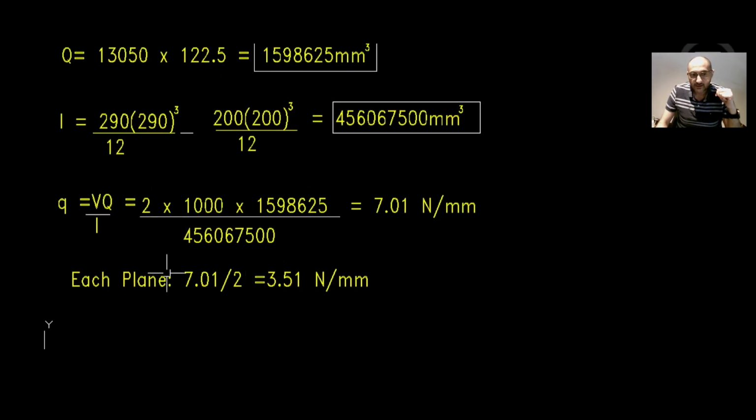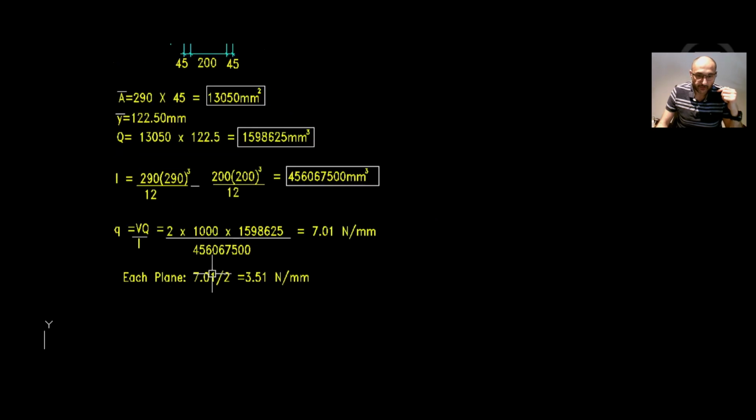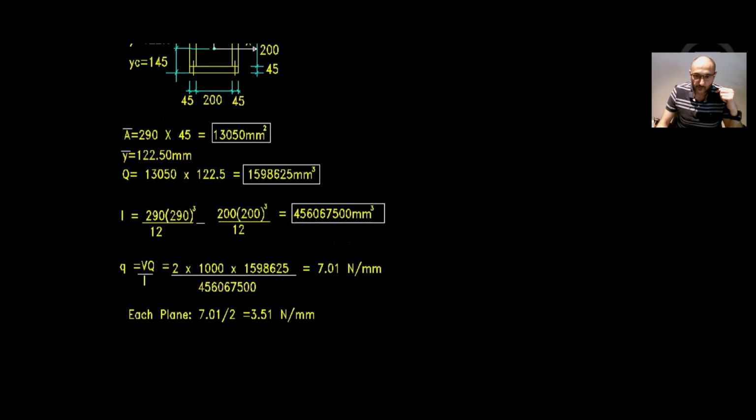Then Q is simply the shear flow. The shear flow is VQ over I. Remember the V, which we calculated before, that's 2 kilonewton. We multiplied that by 1000 to convert everything to Newton, times Q, which we have just found, divided by I. Okay, and that will give us 7.01 Newton per millimeter.